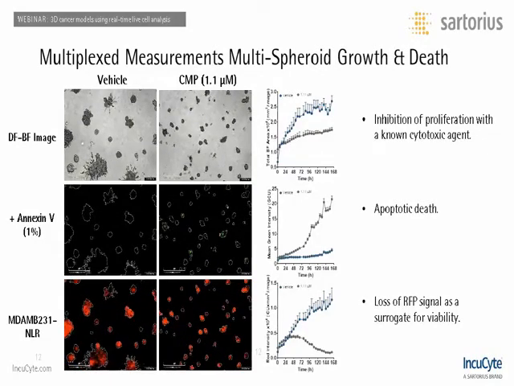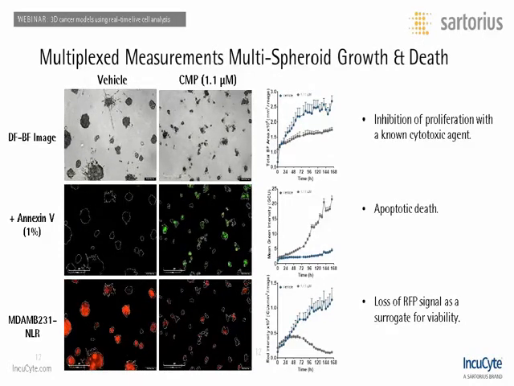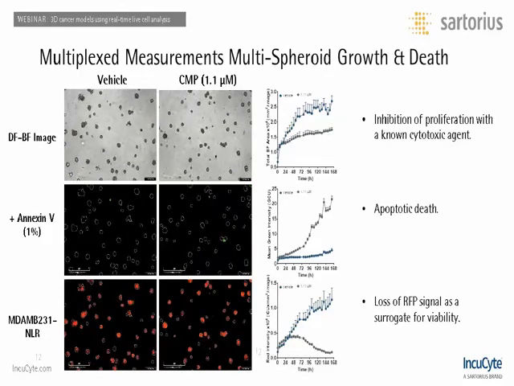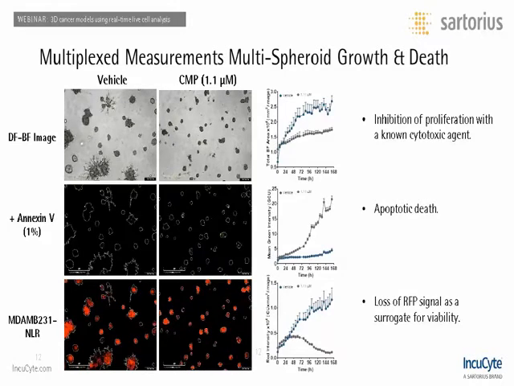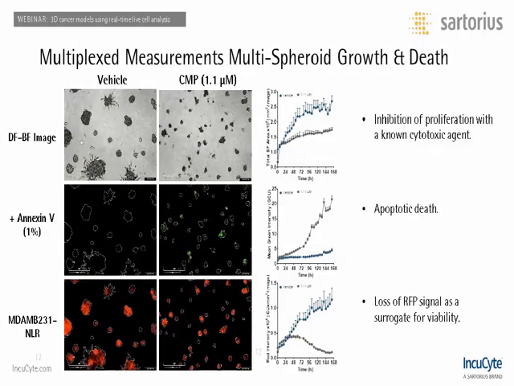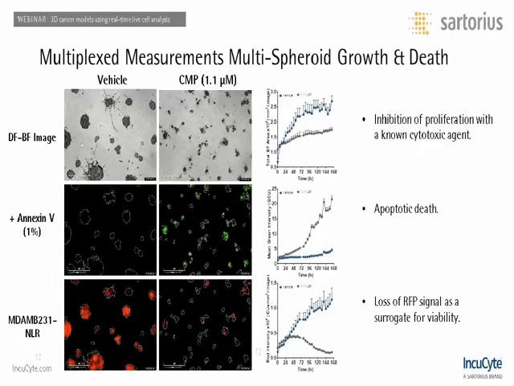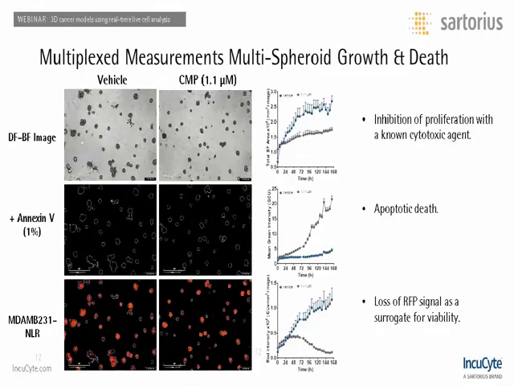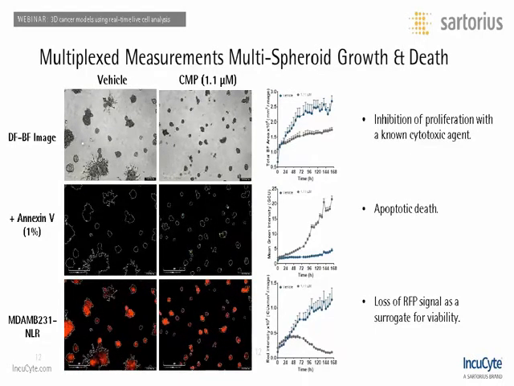And as with single spheroids, quantification of bright field images in the top panel illustrates the continued growth in the control well, so that's in blue, and a lack or minimal growth in grey of the treated multispheroid. The use of annexin 5 here in this example and the quantification of the green fluorescence intensity in these images illustrates apoptotic death by camptothecin.